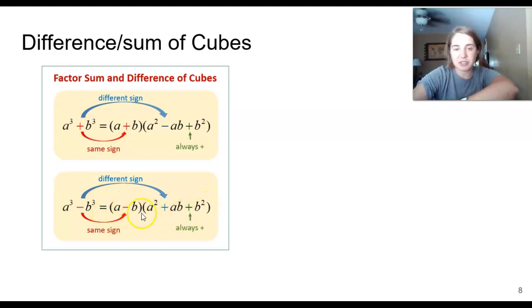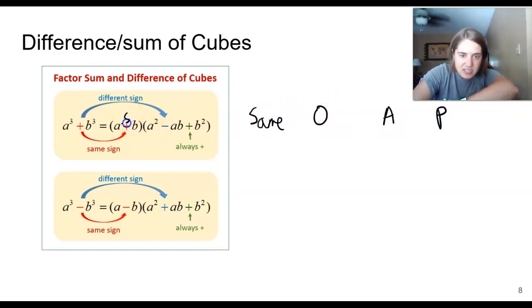The signs are what changes. So we see it's negative, positive, positive, positive, negative, positive. A way to remember that is SOAP. SOAP stands for the same sign. So this is going to be the same as whatever that is. Opposite.